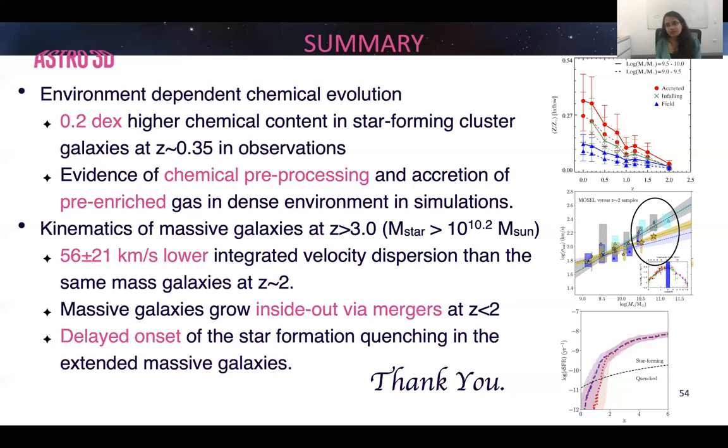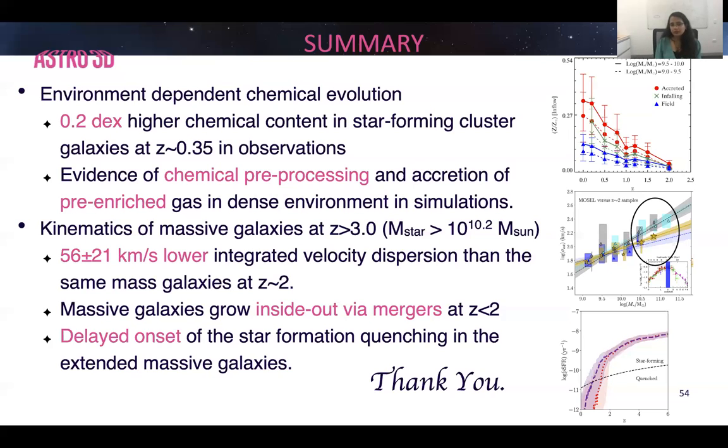But with JWST, you can get spatial resolution to get resolved kinematics. So what you will be able to do is get separate measurements for the rotation of the gas and separate measurements for the intrinsic velocity dispersion. So you can put a handle on whether the overall gravitational potential of the galaxies is changing, or whether the gas turbulent motions are changing with galaxies. So that is one thing. So in that JWST will really do well.